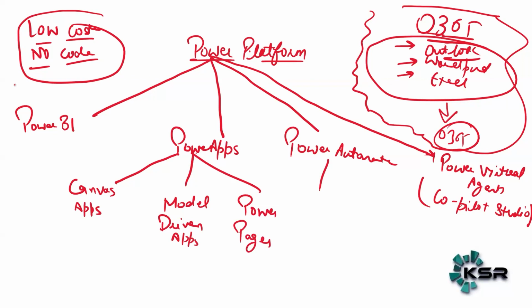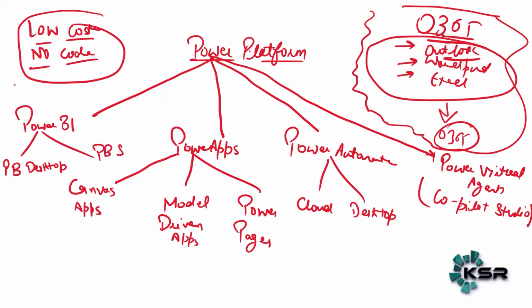Then Power Automate, you have Cloud Flows, you have Desktop Flows. And for Power BI, you have Power BI Desktop, then you have Power BI Service. So let us go through each node one by one.